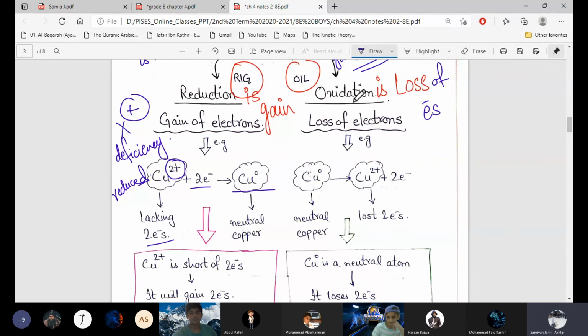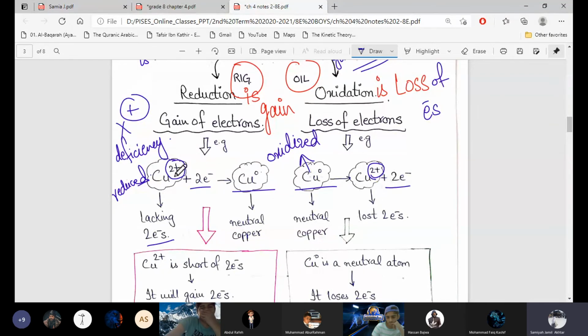Okay, and for the loss of electrons, oxidation, this is the last thing of today's lecture. Neutral copper gives 2 electrons after the reaction and becomes copper 2 plus. The loss of electrons is happening, so this equation is oxidation, and copper 0 is said to be oxidized because it has lost its 2 electrons.